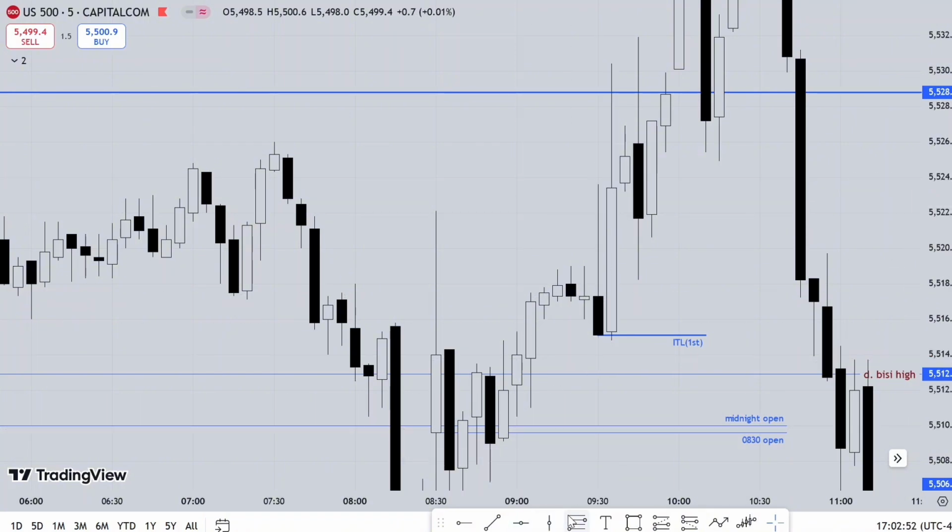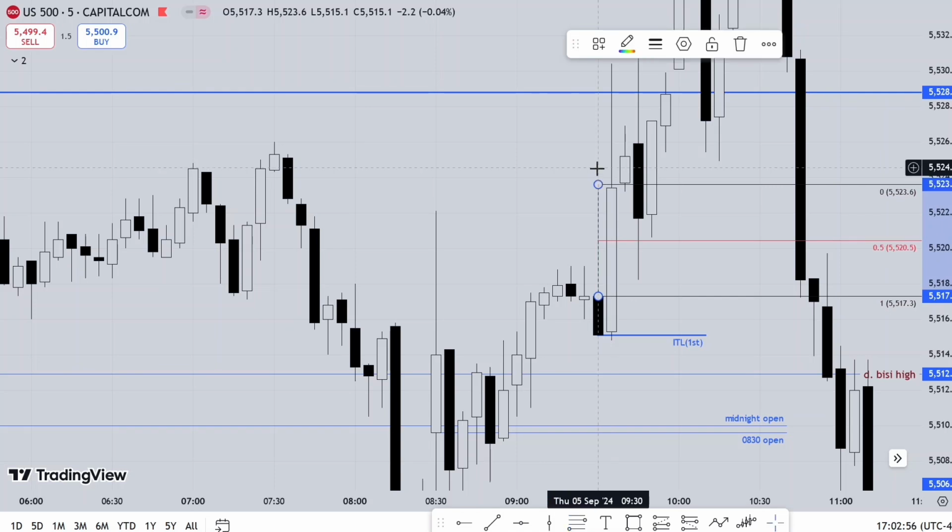So you take your Fibonacci and you measure the low of the wick and the high of the wick. This long wick, W-I-C-K, excuse my accent. The midpoint of that wick now is consequent encroachment. Wicks are imbalances. So here you have the consequent encroachment. Let's call this CE, consequent encroachment.